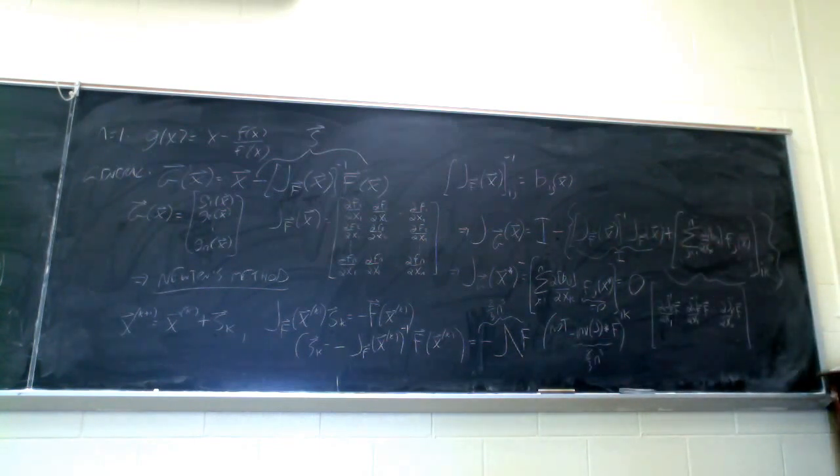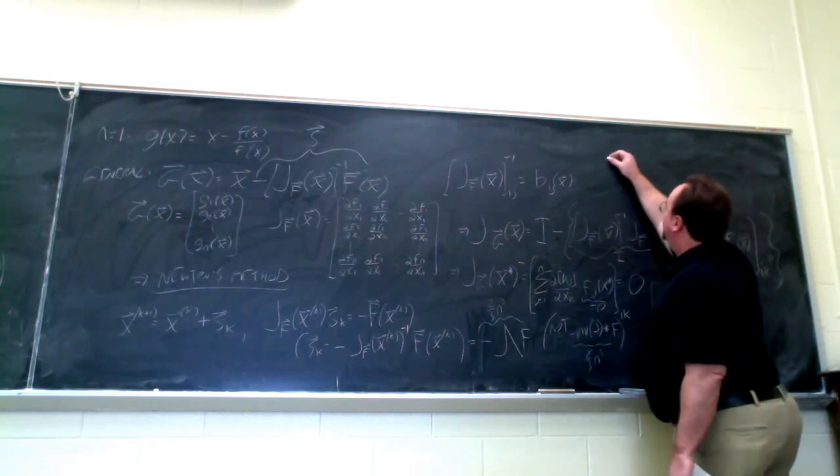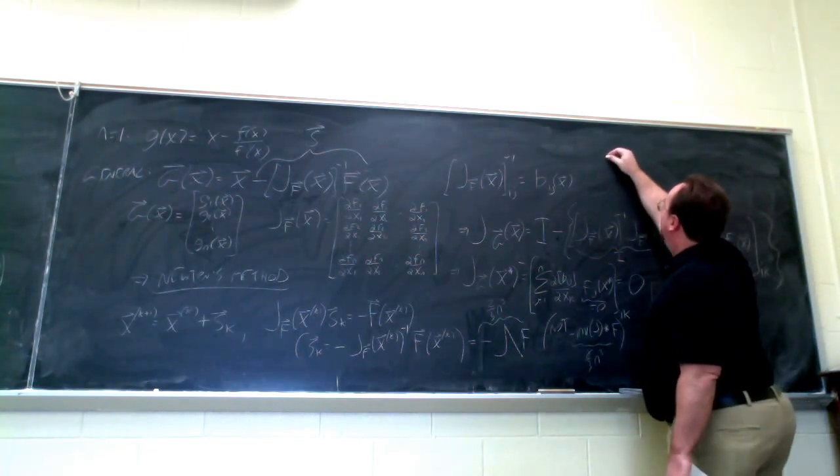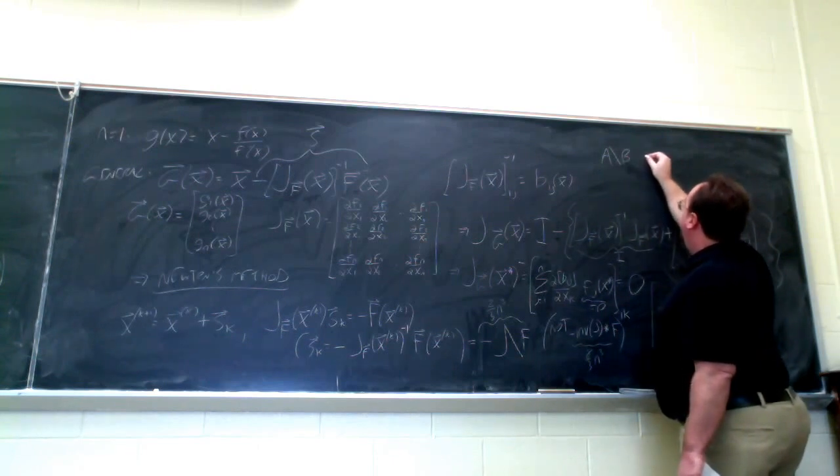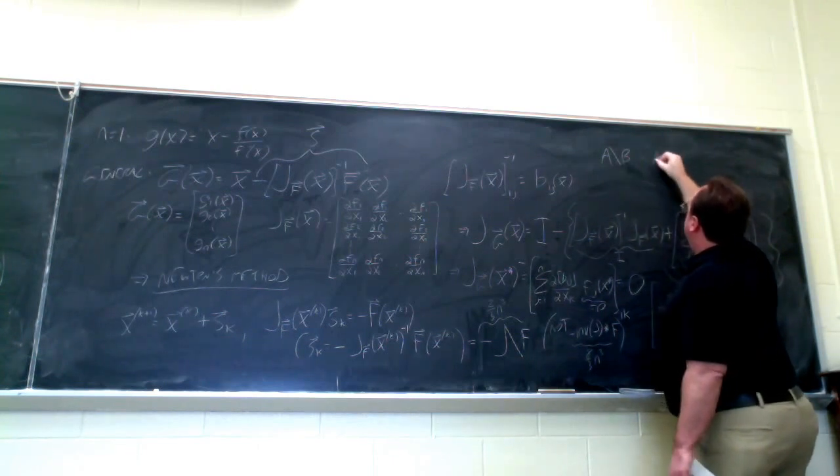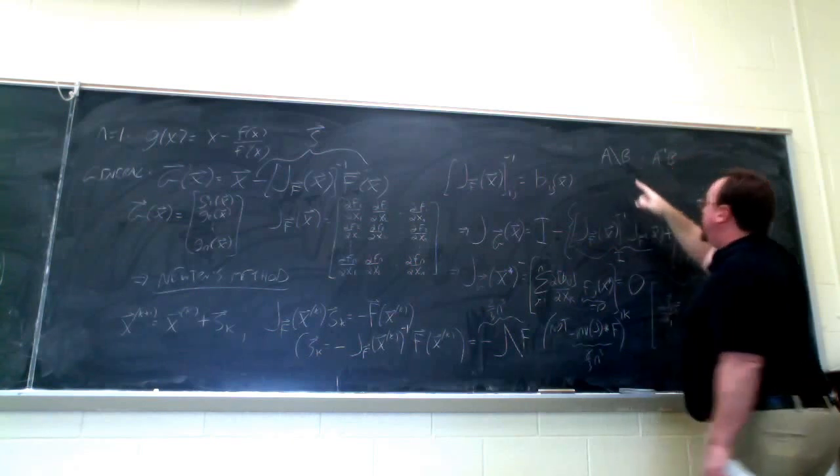Okay. Before I carry on with Newton's method, we have these operators. If you have a backslash b, it is equivalent to a inverse b, and b can be whatever.